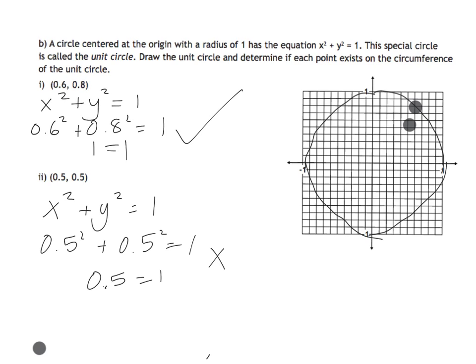When we're talking about this 0.6 and 0.8 being on the circumference of a circle that has a radius of 1, we can think in terms of the right angle trig that you already know.